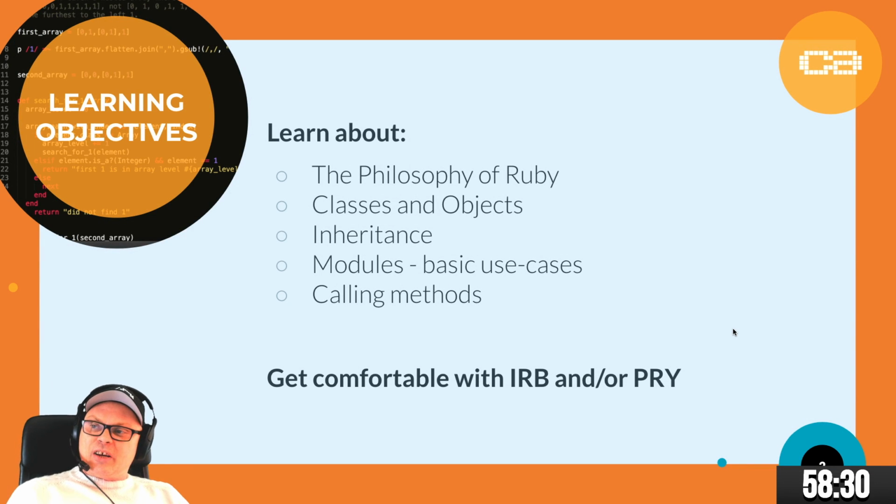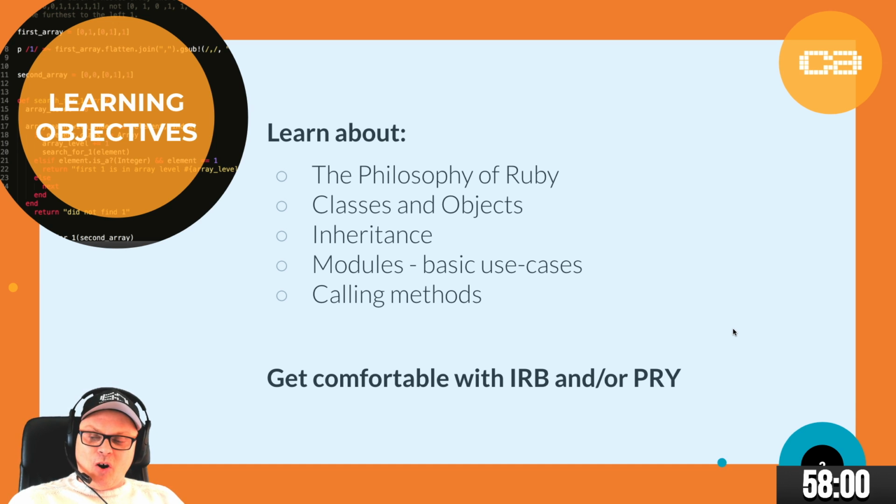The learning objectives for today are to learn a little bit more about the philosophy behind the Ruby programming language. Then, when we leave the Zen thing behind and move past that, we're gonna dive into classes and objects, and we're gonna talk about inheritance, and modules, and then a little bit about calling methods.